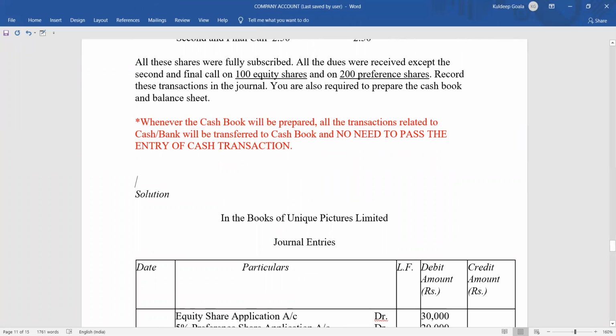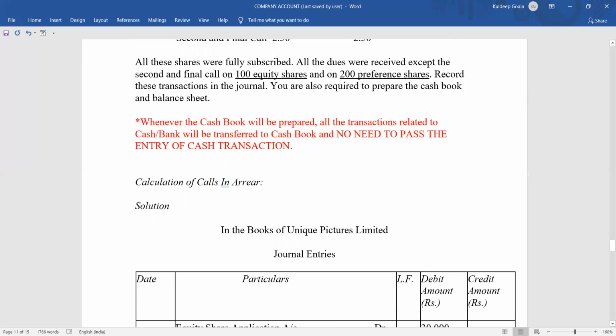Now let me show you the calculation of calls in arrear. Okay, calls in arrear calculation. So on equity shares, what will it be? How many shares are there?